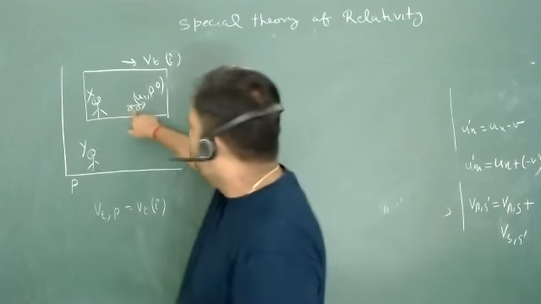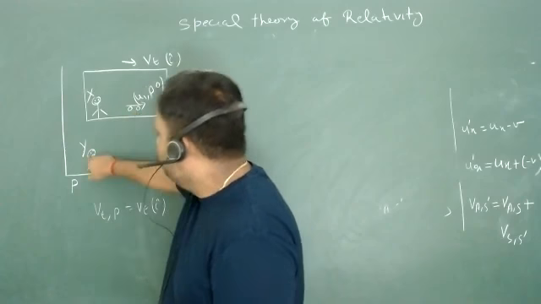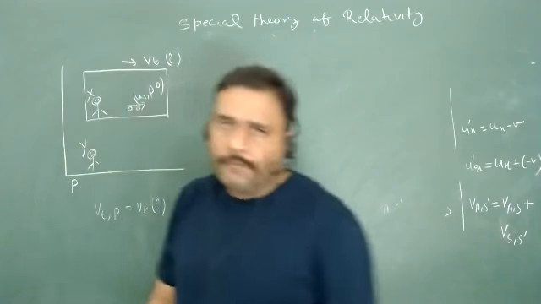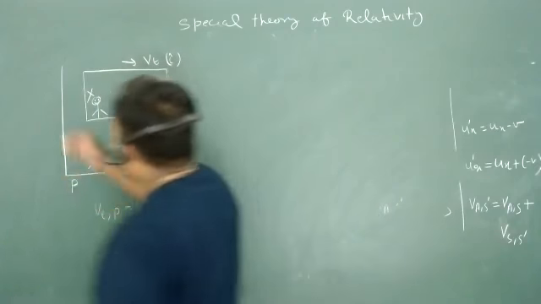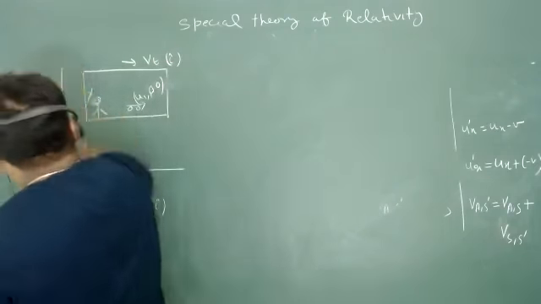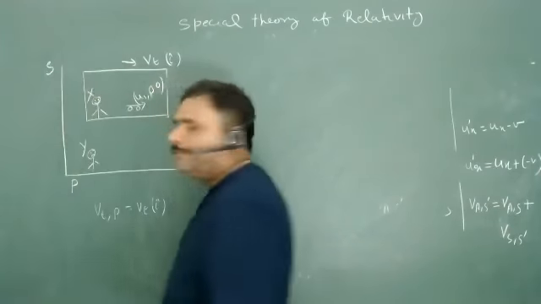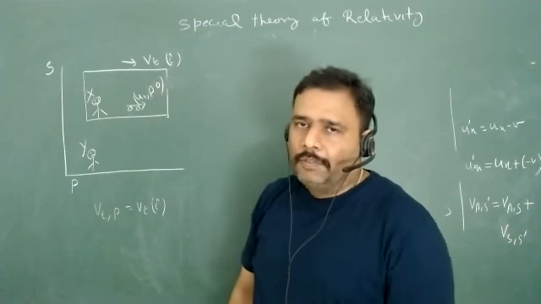What will be the speed of this particular car with respect to the uncle? The uncle knows the Galilean transformation, so he fixes the platform as the S frame.